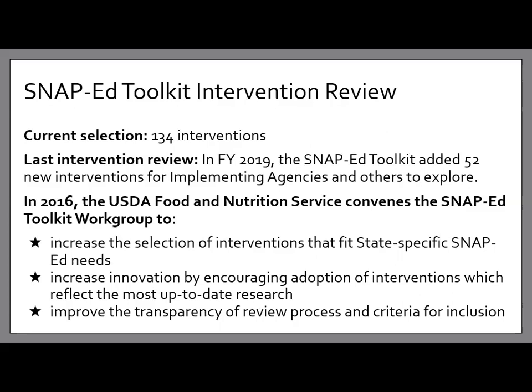This is a great expansion that allows us to increase the selection of interventions that fit state and local specific SNAP-Ed needs, increase innovation by encouraging adoption of new interventions which reflect the most up-to-date research, and we also worked along with representatives from other agencies such as CDC, and a number of research and academic institutions across the country, to improve the transparency of the review process and the criteria for inclusion.